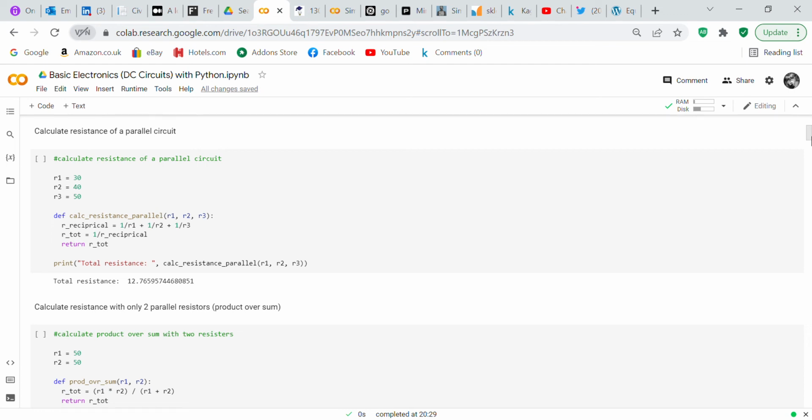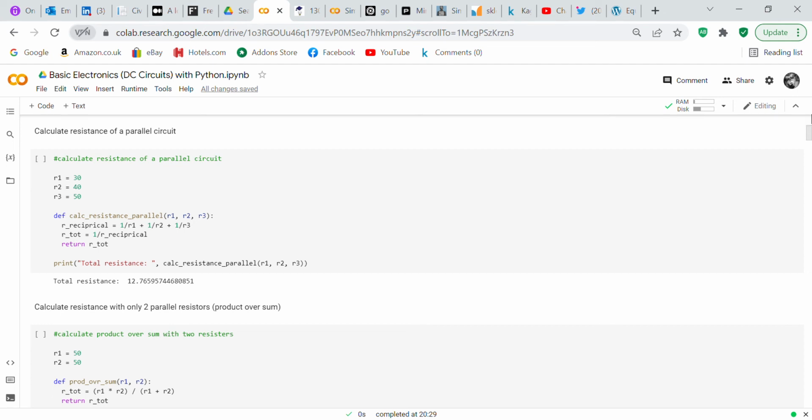You take as input R1, R2, R3, and then you say R underscore reciprocal equals 1 over R1 plus 1 over R2 plus 1 over R3. And then you say R tot equals 1 over R reciprocal, and then you return your R tot. Then we print total resistance equals calc resistance parallel of R1, R2, and R3, and your total resistance is 12.7.